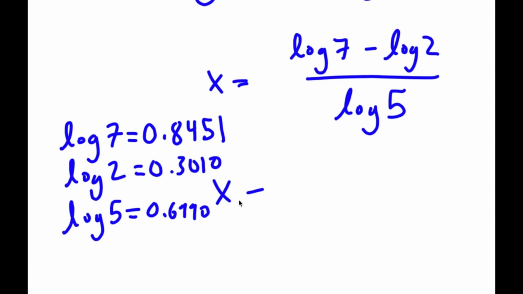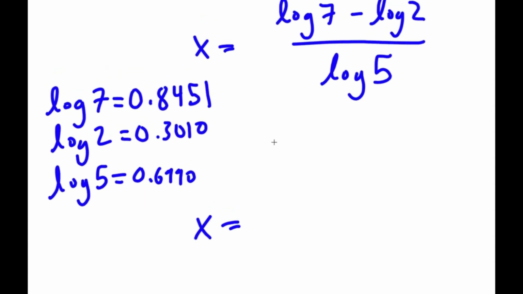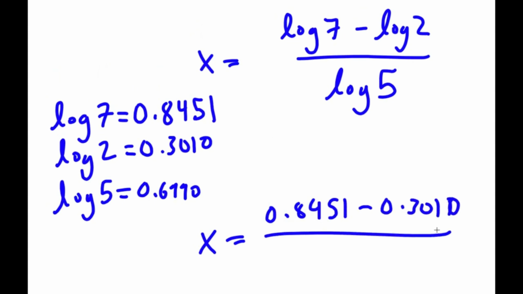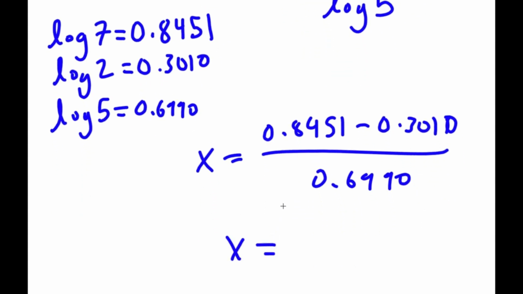So now I'm going to have x is equal to log 7 minus log 2, so 0.8451 minus 0.3010, all over 0.6990, meaning x is equal to 0.5441.